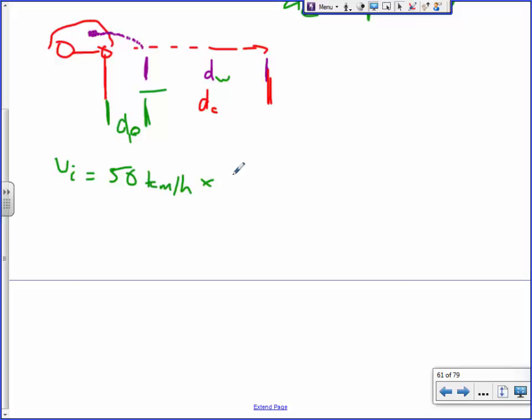Like I would do meters, there's 1,000 meters in a kilometer. And then there's 3,600 seconds in an hour. So 50 times 1,000 divided by 3,600. What did you get? 13.8? Okay.